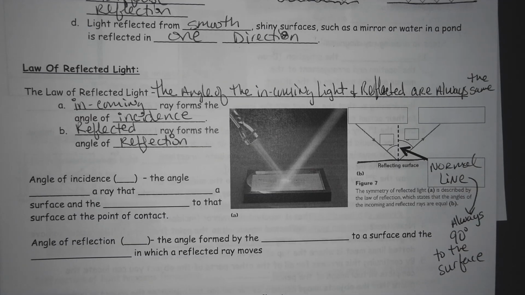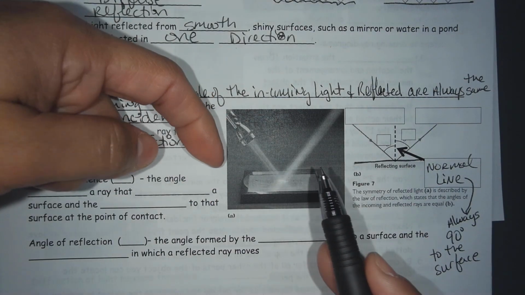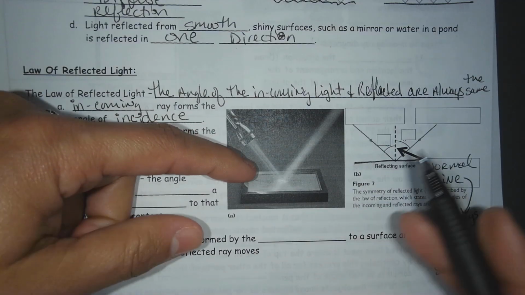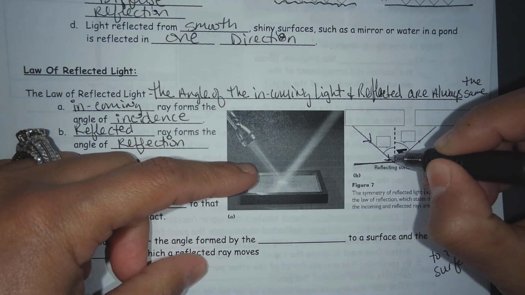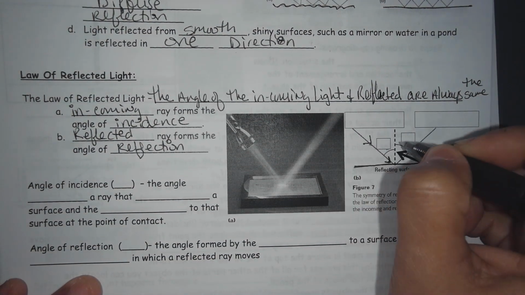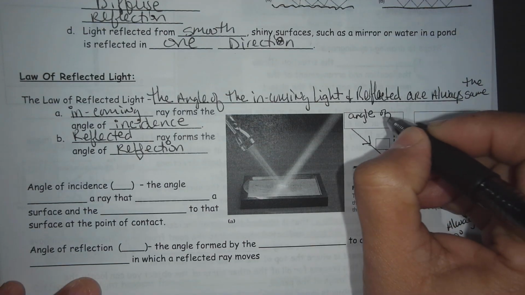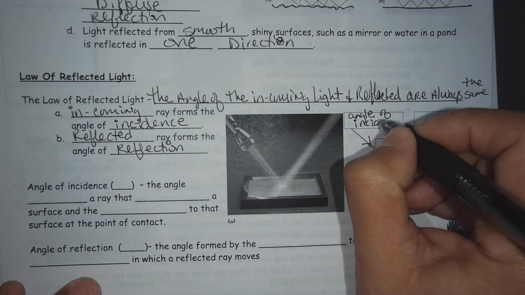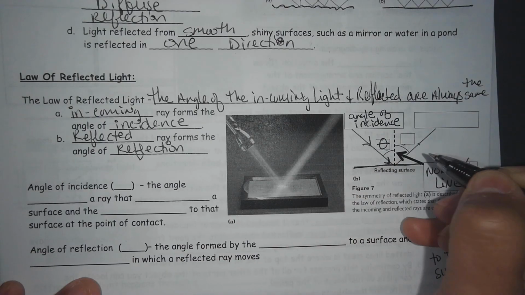Okay? Now, let's look at this image, this actual picture. The light is coming in this direction. So I can see that the light is coming in at this angle right here. This is going to be, in this section, the angle of incidence, or theta. What theta?